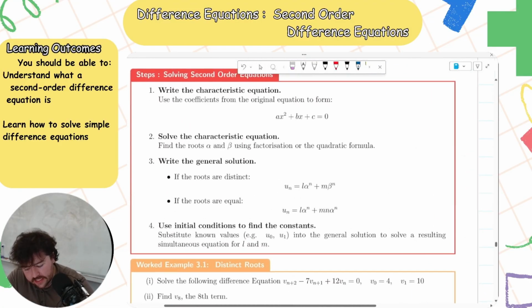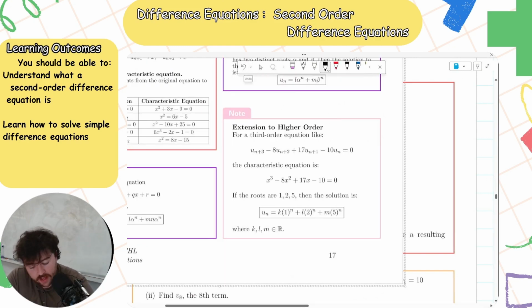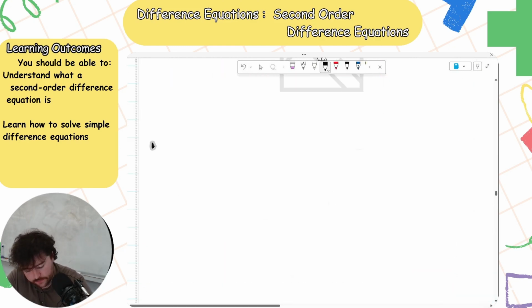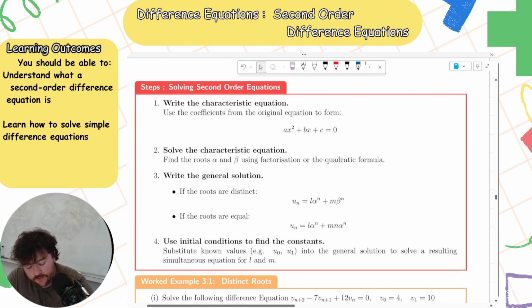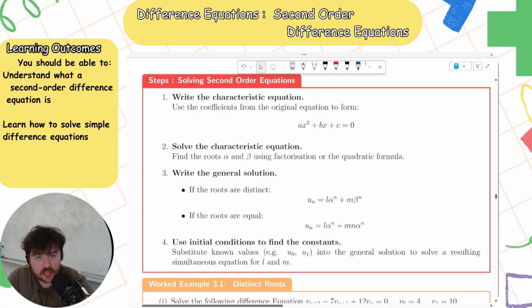We write the characteristic equation of my difference equation. We solve the characteristic equation for the two roots. Then we apply whichever general solution applies. So if it's a repeated root, we do L times the root to the power of n plus Mn times the root to the power of n. If two distinct roots, it's just L times the root to the power of n plus M times the root to the power of n.